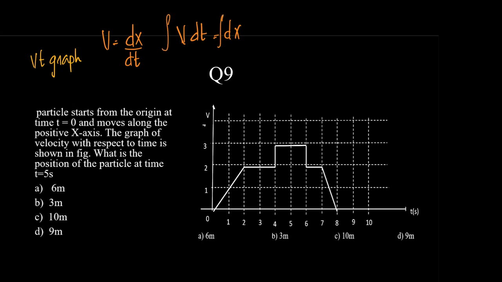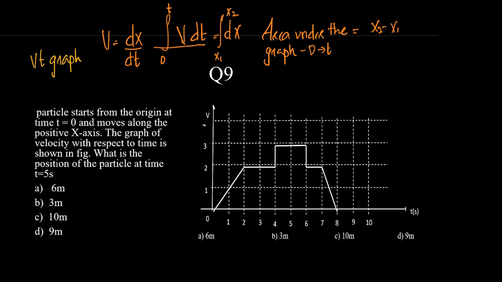If you integrate on both sides from time 0 to time t, and dx from x1 to x2, what we get on the LHS, the integral from 0 to t of v dt, is nothing but the area under the graph. So the area under the graph from time t is equal to 0 to t is equal to the integral of dx, x varying from x1 to x2, which is x2 minus x1. Now what is x2 minus x1?